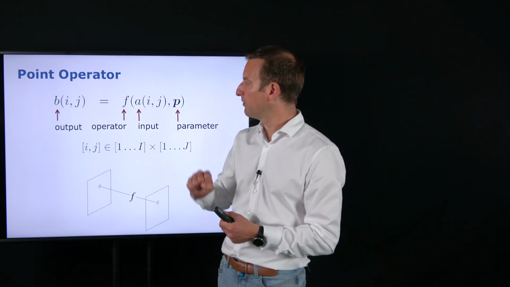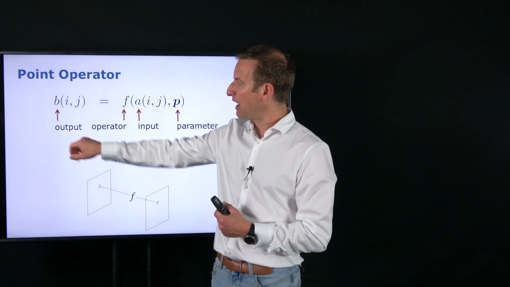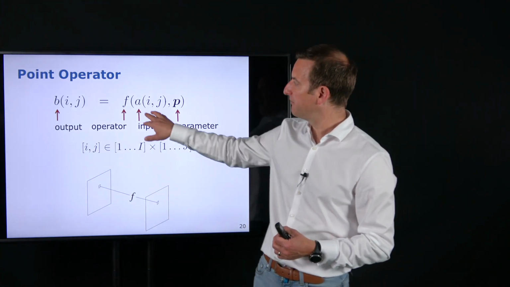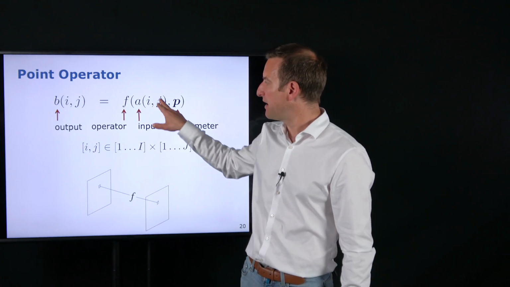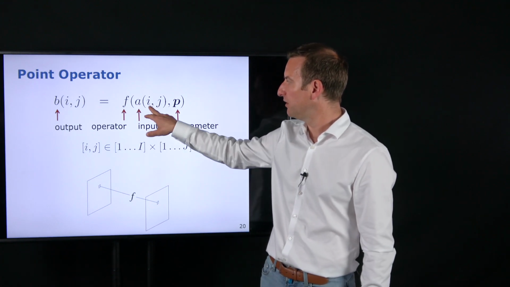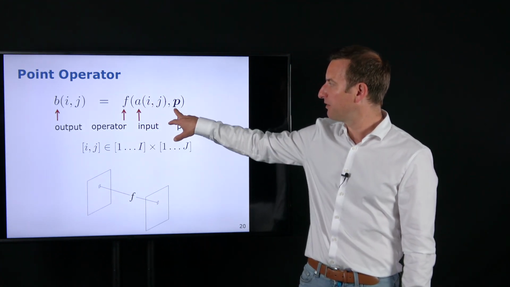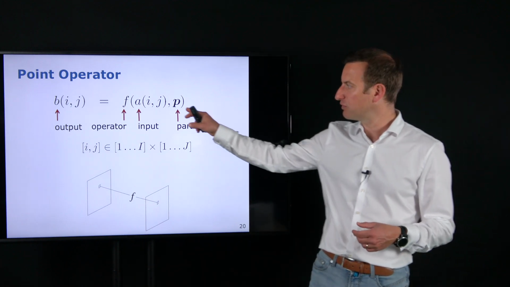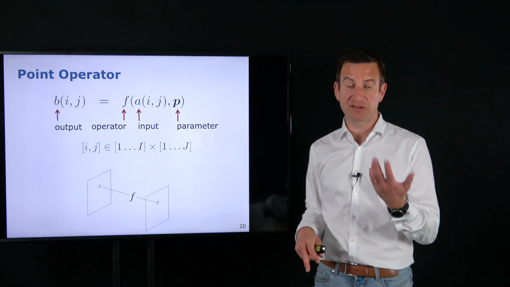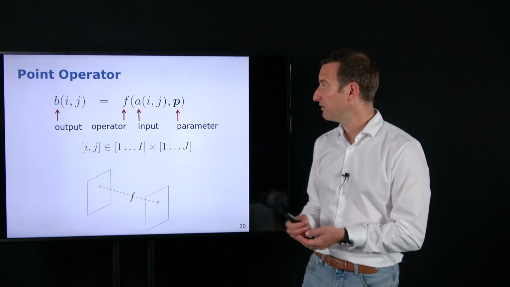So what we have with my point operator, I have my operator function f, I have my output image called b, I have my input image a, but again, I'm only putting the intensity value in here, not the whole image, only the single intensity value. And I have a further set here of, let's say, parameters to this function f. And those parameters are in my example before, for example, this factor of 2 with which I want to multiply all the intensity values.